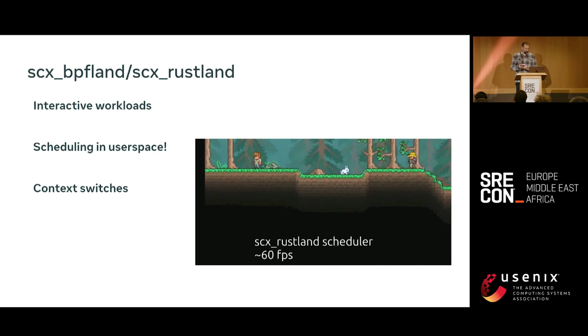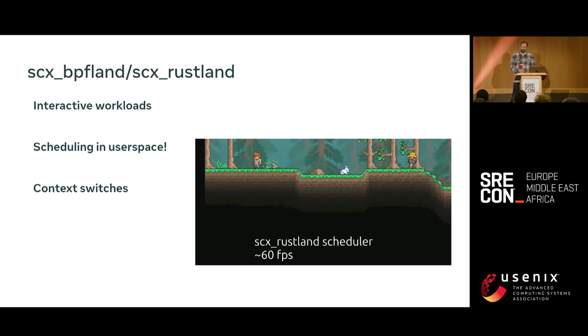So scx_bpfland and scx_rustland are really interesting schedulers in that they're designed for interactive workloads, and scx_rustland actually makes scheduling decisions in user space. And it performs rather well.